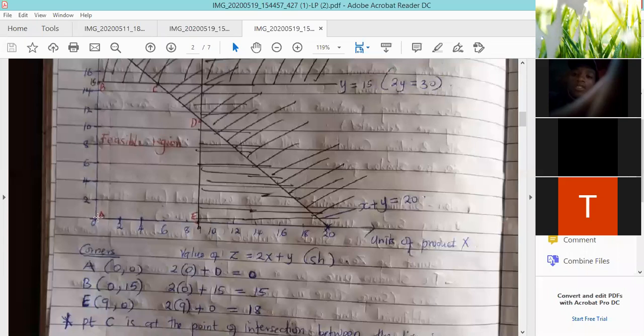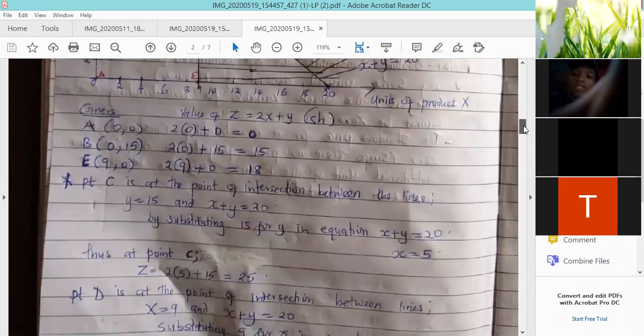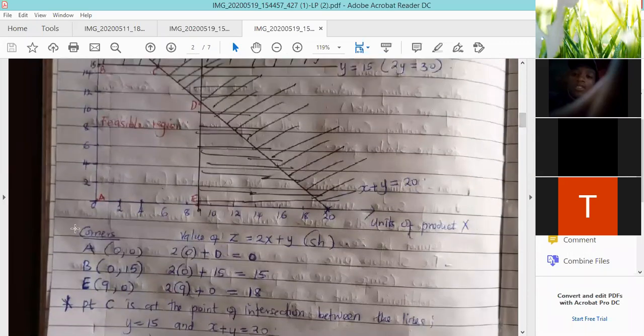I've picked corner A, corner B, corner C here, D, and even E. And as I am picking these particular corners, I want now to evaluate how much will be the value of Z. At point A, which has the coordinate 0, 0, of course, when we substitute the values of x and y in our equation, you realize that the value of Z will also be 0.